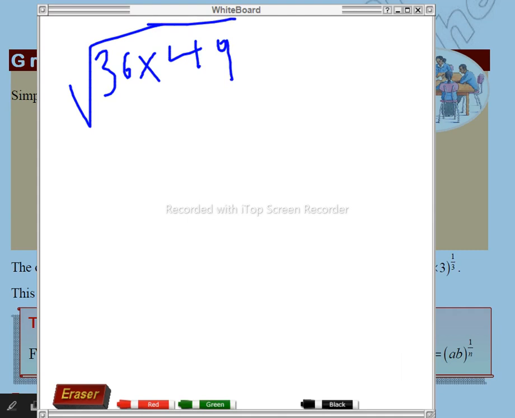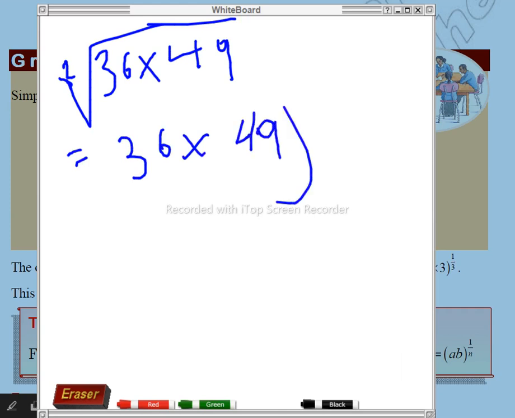Here we can write square root of 36 times 49. We rewrite this in the form of 36 times 49, the whole to the power of 1 over 2.